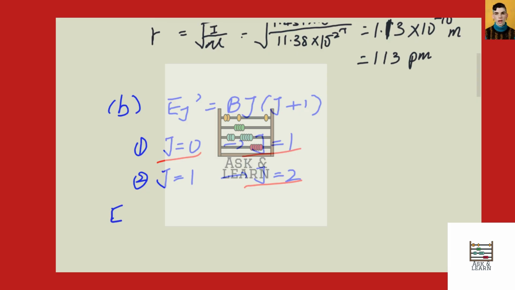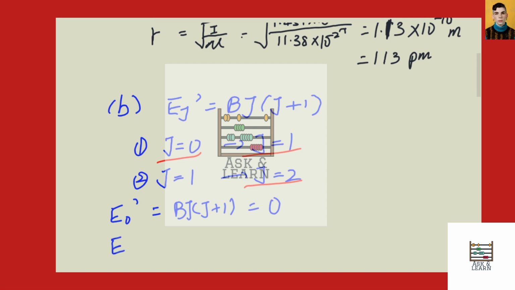So the ground state equals this formula. And in the ground state, J, the quantum number, equals 0. So the ground state equals 0.